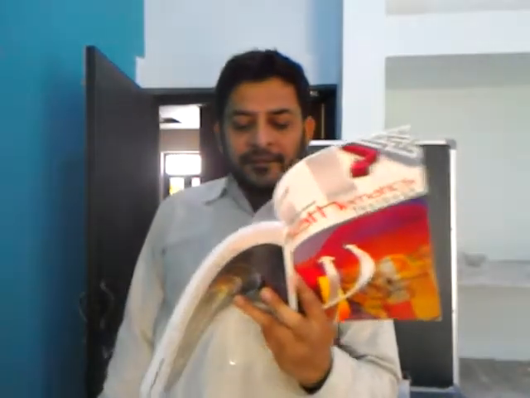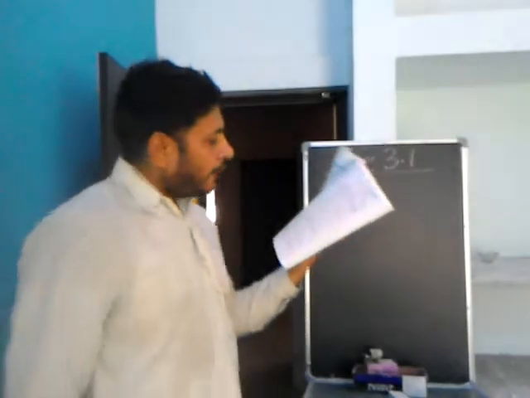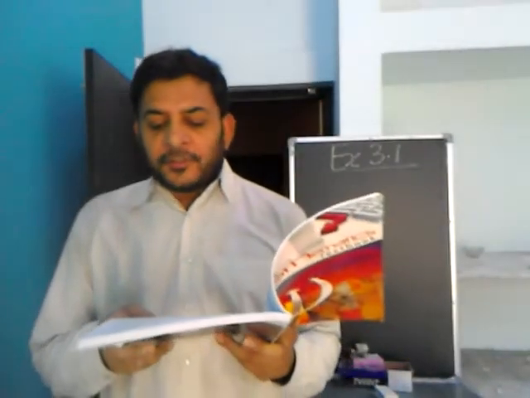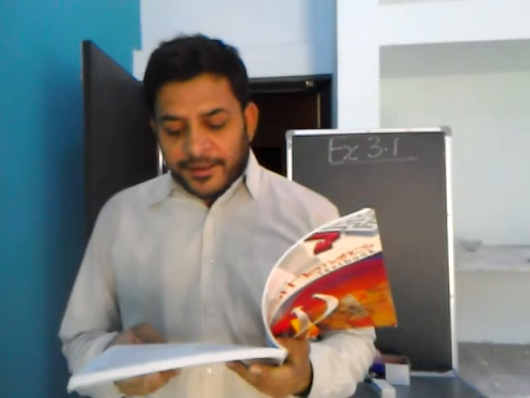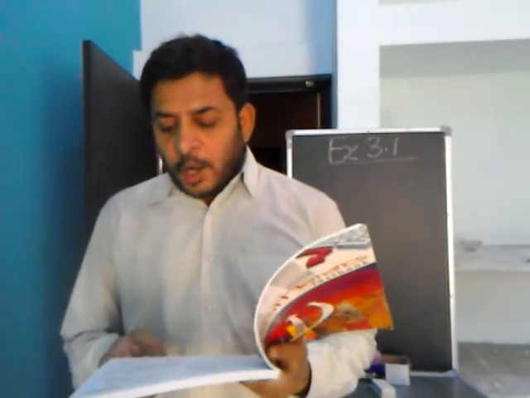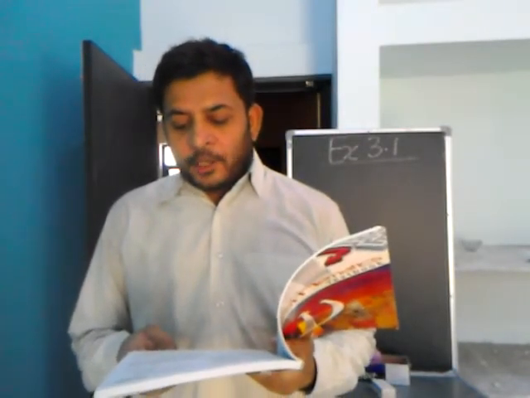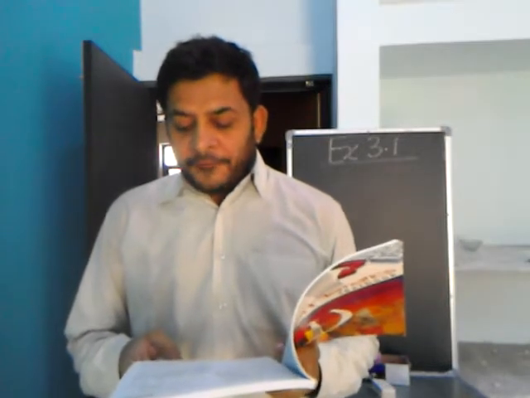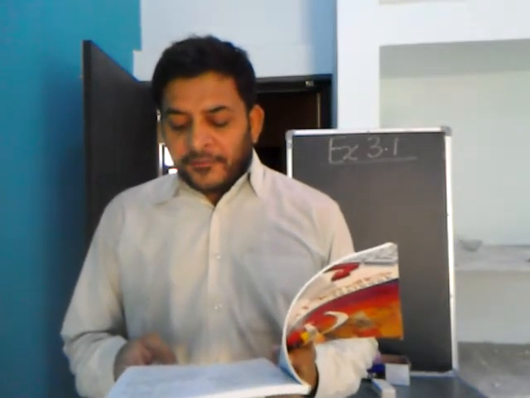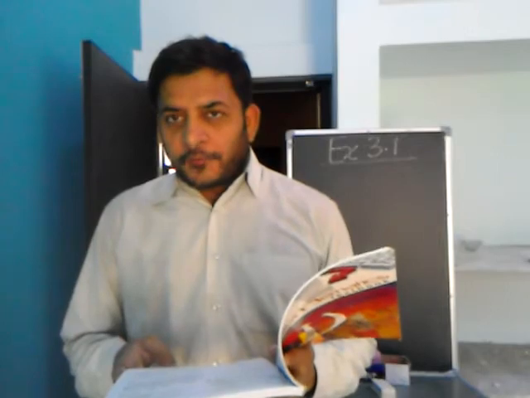And the first question in this exercise is: find the zeros of the following quadratic polynomials and verify the relationship between zeros and the coefficients. I repeat it again. Find the zeros of the following quadratic polynomials and verify the relationship between zeros and the coefficients.